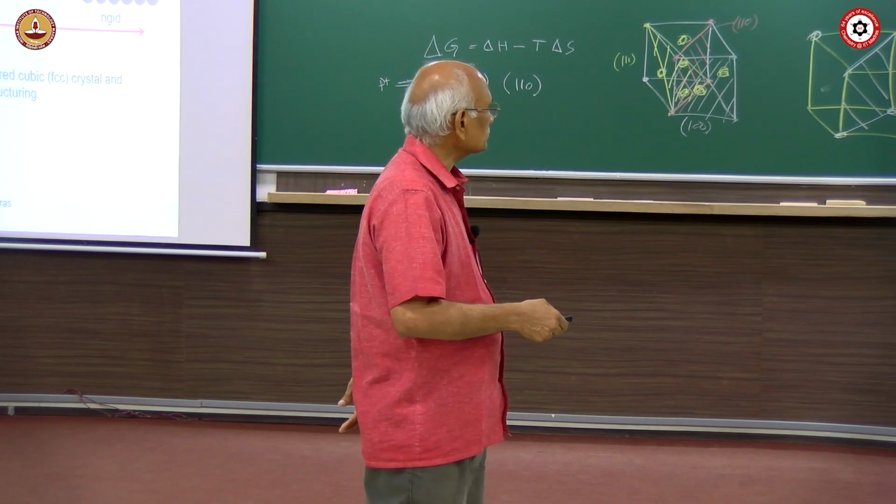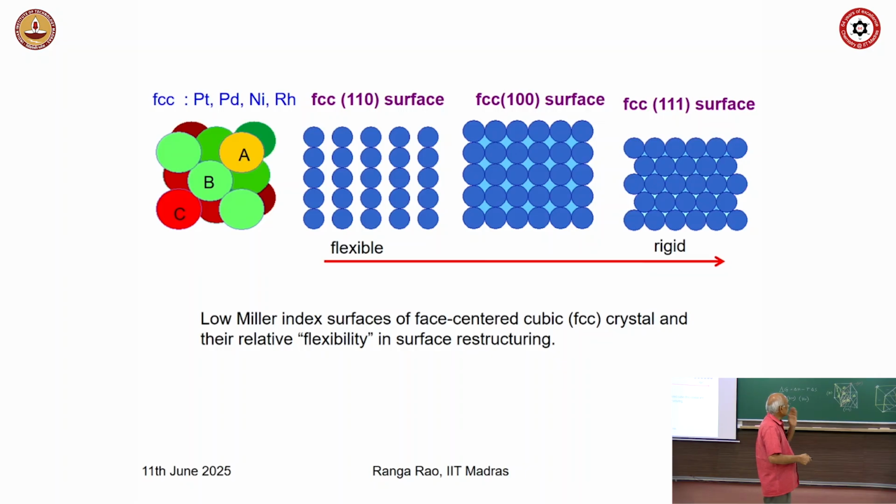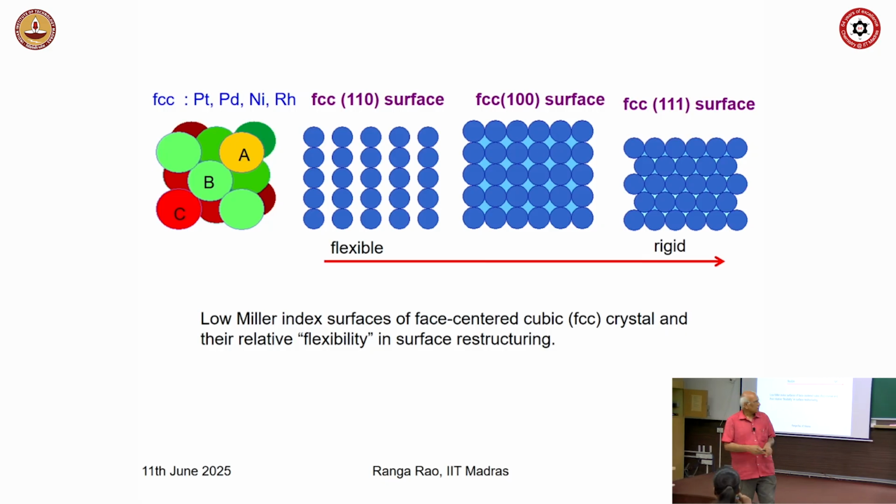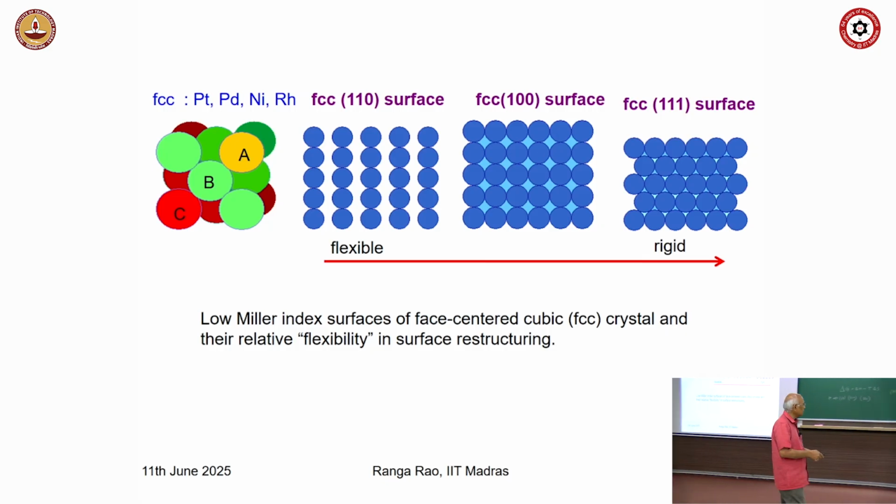Now, if you see the atomic arrangement here, these atoms are closely packed, whereas here there is a lot of space. So this plane is a little flexible, whereas as we go from here to here, it becomes more rigid and more stable. That's also an important thing which we need to notice.